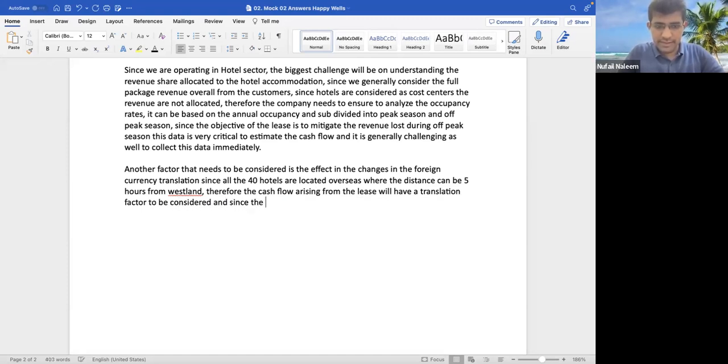And since the lease payments are made on an annual basis, there are chances that the exchange rate volatility can affect the cash flow.